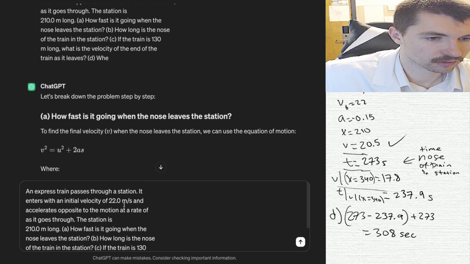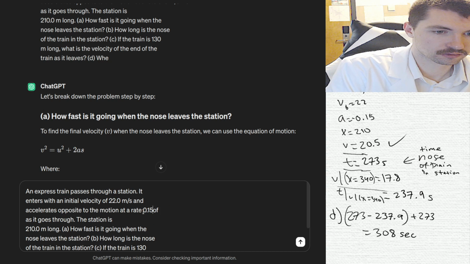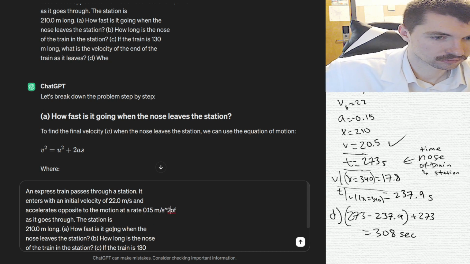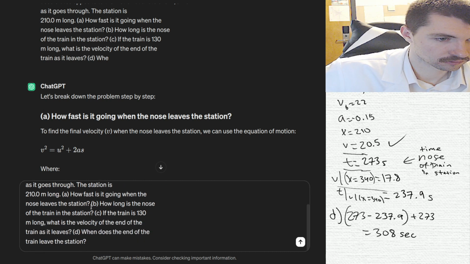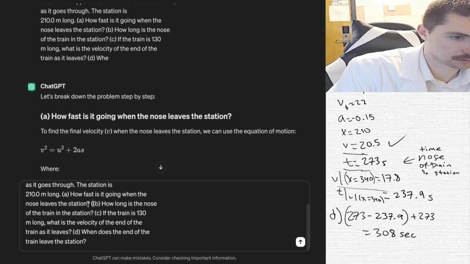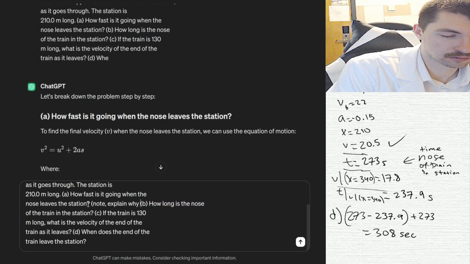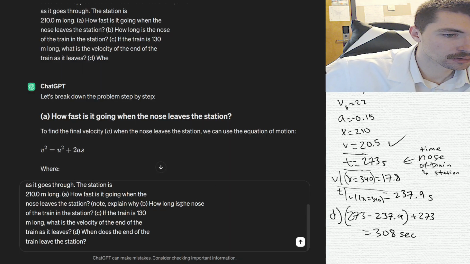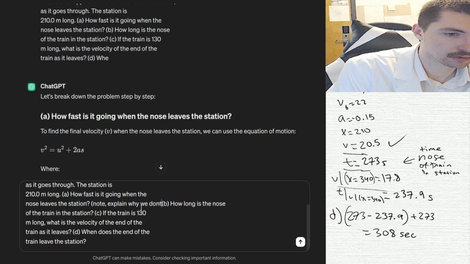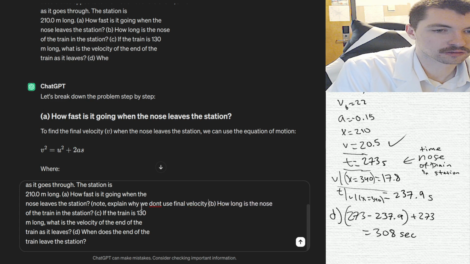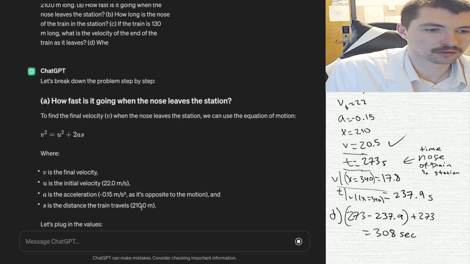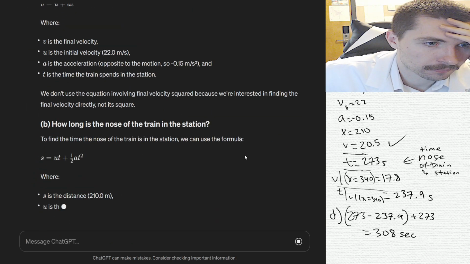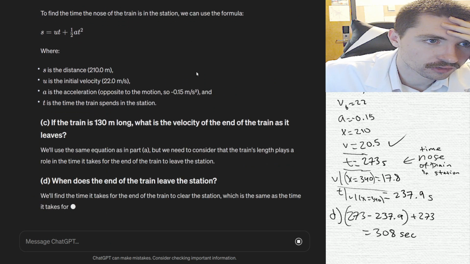Train is going at a rate. Okay, so we got the negative that right.